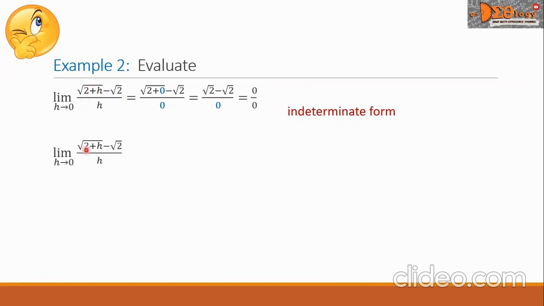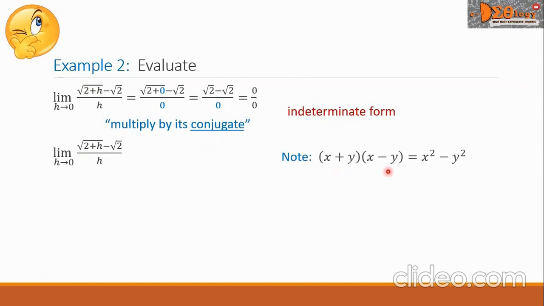Let us write our problem here again, and let us multiply this function by its conjugate. Let us note that x plus y times x minus y is equal to x squared minus y squared. We say that x plus y is the conjugate of x minus y, and vice versa. Going back to our problem here, observe the numerator.